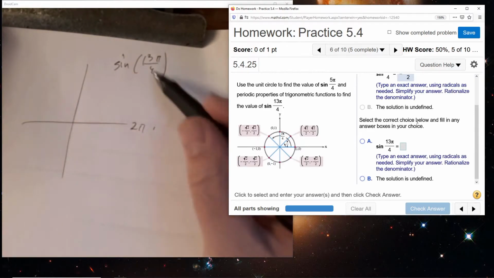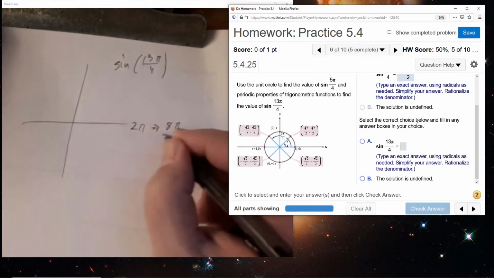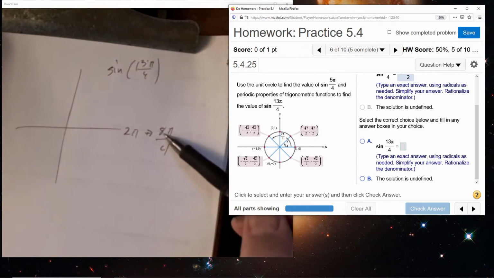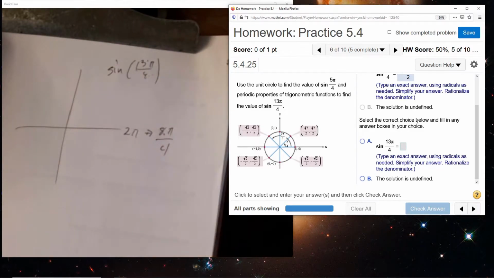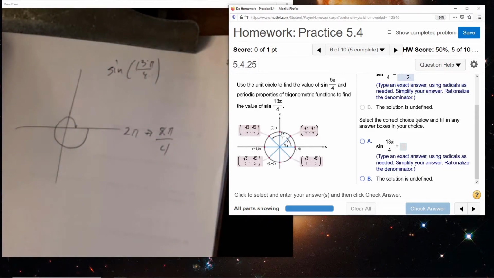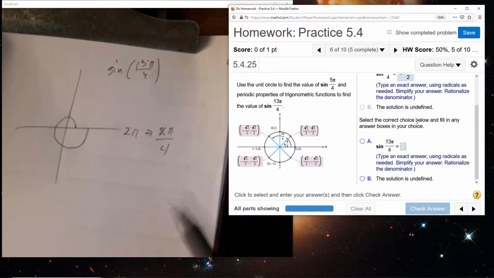So converting this to the denominator means we'll have to multiply by 4. And we can see 13 is larger than 8, which means there's at least one full revolution here. So we go one full revolution of 8 pi over 4.